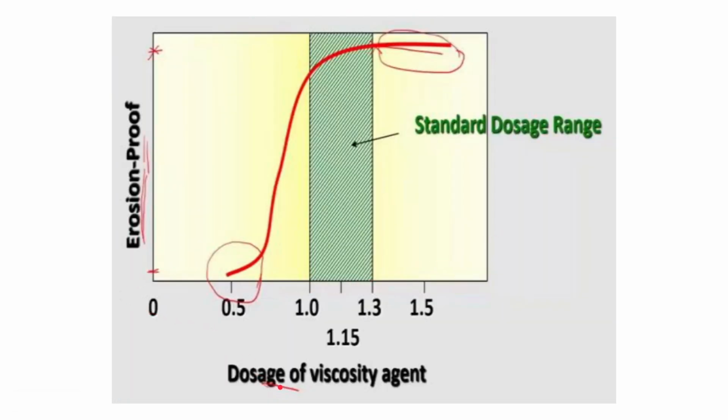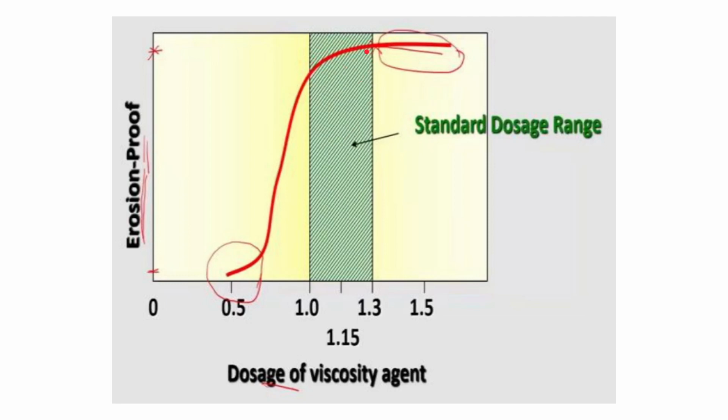The viscosity agent has to be added in some dosage. The standard dose is mainly between 1 to 1.3%, but it can vary with various criteria or conditions. If it is less than 1, erosion or segregation will occur, so it should be greater than 1.